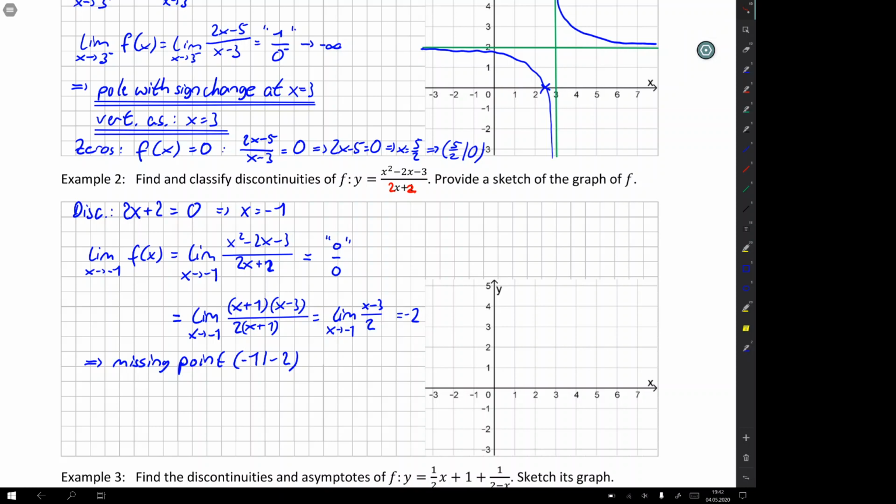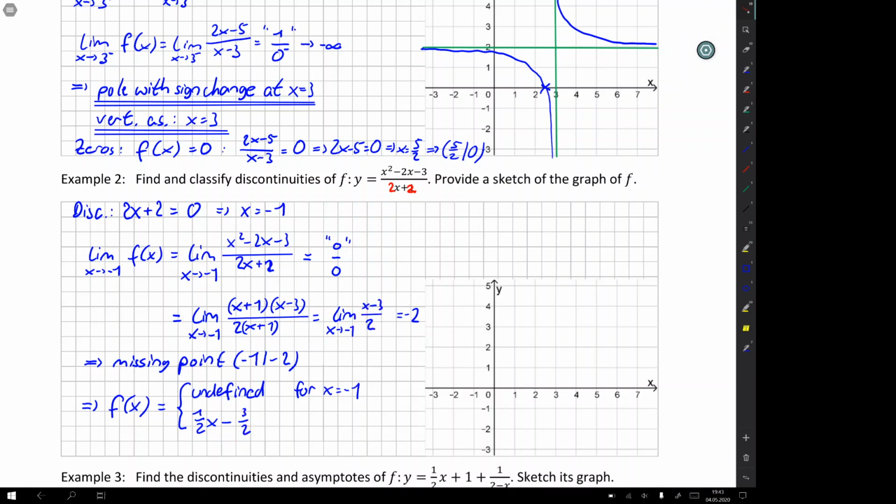Now we can rewrite this function f as we did before, as consisting of two parts. Try it on your own, stop the film, and here comes the solution. f of x is undefined if x is equal to minus 1, and otherwise f of x is just 1/2 x minus 3/2, this here.